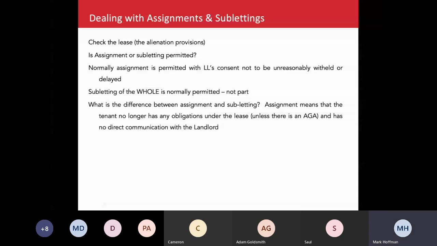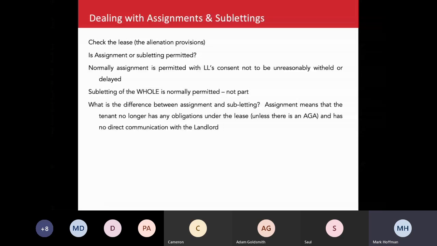So a tenant comes to you and says, I want to get out of my lease. Either I can't afford to stay here, or it's surplus to requirements, or whatever, but I don't need to be here. But of course, there's a legally binding document called a lease, which ensures that they have to continue to pay the rent. They may not be able to do so.